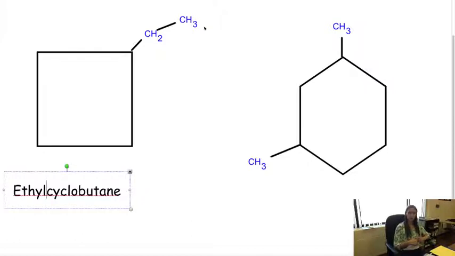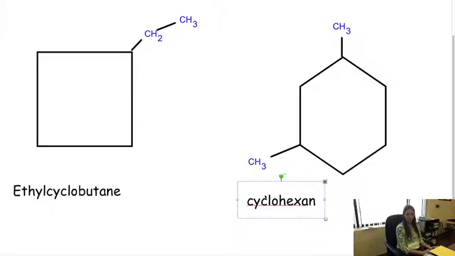All right, now let's look at the next one. Let's count up how many we have there. Starting here, I've got 1, 2, 3, 4, 5, 6. So this one is going to be a cyclohexane, because there are 6 sides in a ring, so it's cyclo, and -ane means single bonds. Now what do I have?